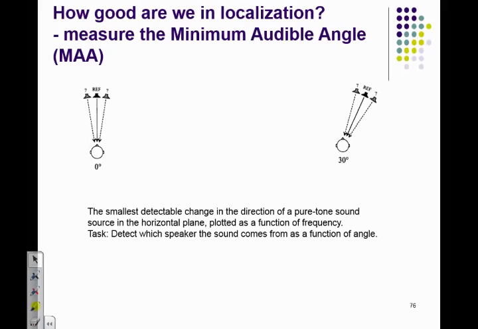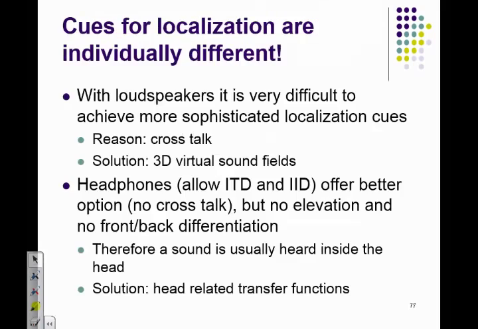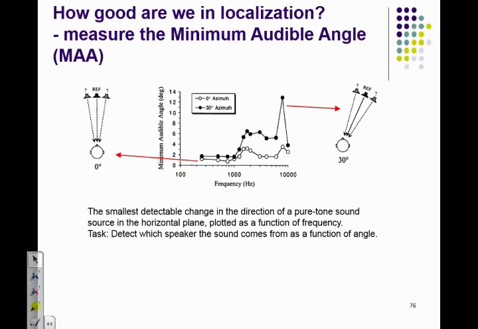That's measured by the minimum audible angle, the MAA, and if we move a loudspeaker very far away from us in the horizontal plane, we get ideally at around 1000 hertz, that seems to be the ideal frequency, about 1 to 2 degrees.